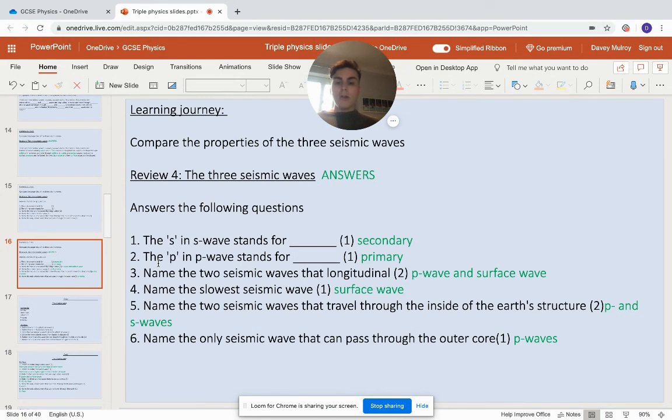Question 5, the 2 seismic waves that travel through the inside of the Earth's structure are P and S waves. And the only seismic wave that can pass through the outer core are the P waves. Remember, surface waves can't even get on the inside of the Earth, and our S waves get absorbed by that outer core.